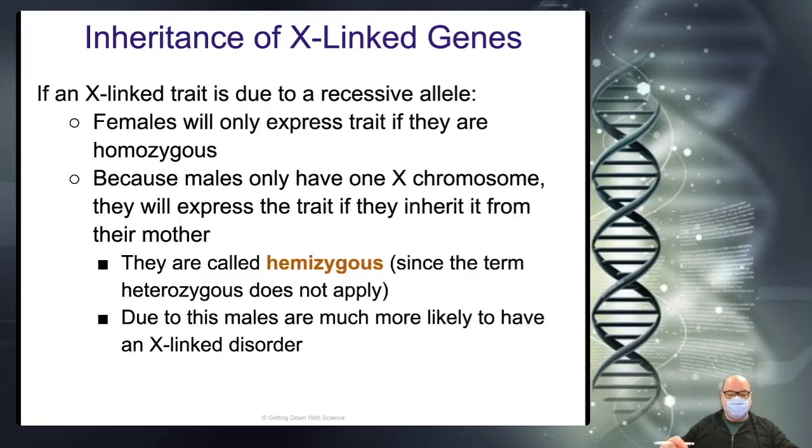All right, a little bit more about X-links. Females only express the trait if they are homozygous. Females that are heterozygous recessive are very rare. Very rare to have female colorblind.